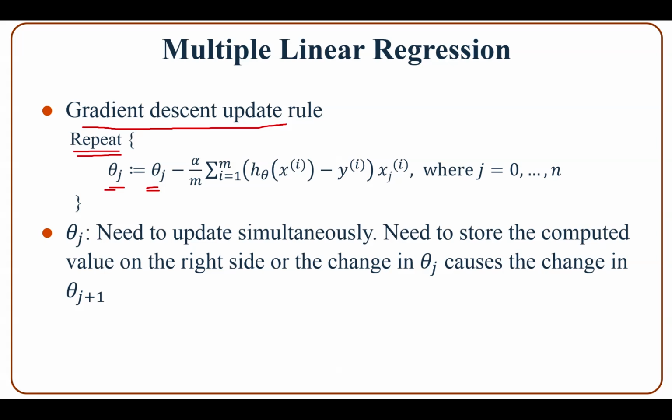And theta j we need to update simultaneously, and we talked about this previously. Basically we need temporary variables to store the computed values. So all the parameters theta j have to be stored temporarily somewhere, and then you update them simultaneously from the temporary variables.